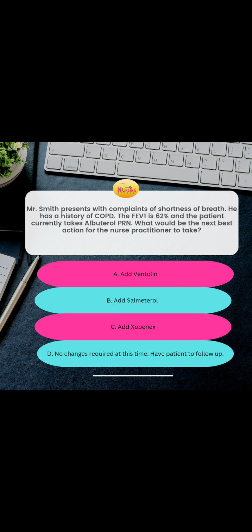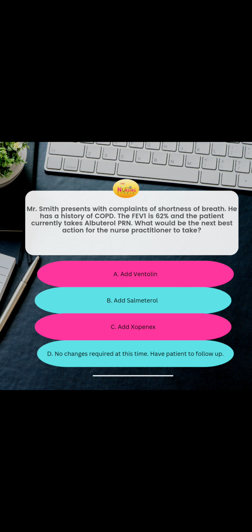The severe stage is anywhere between 30 and 50%. And the very severe stage is less than 30%. So the mild is that 80% range, very severe is less than 30, and the other two fall in between. That's why I like you to think about ranges.